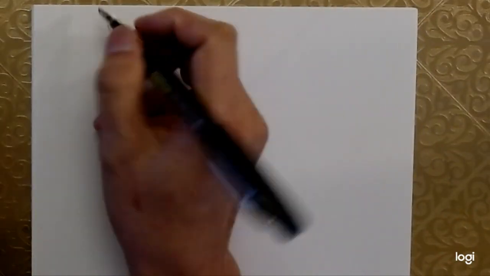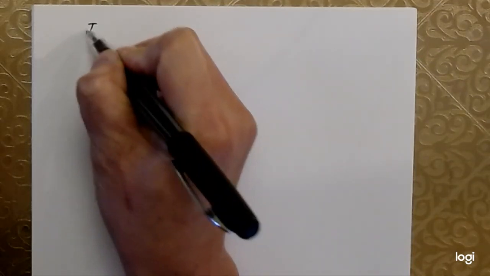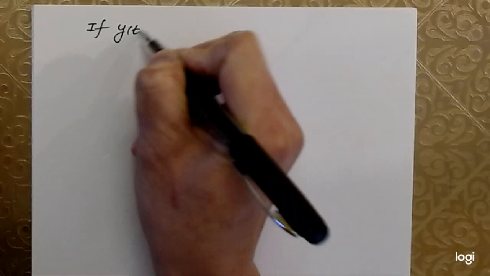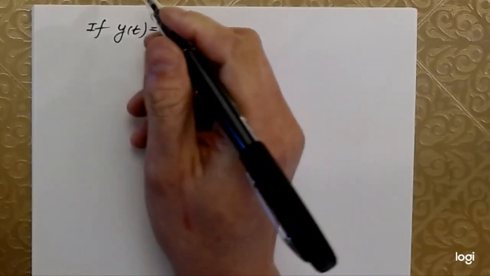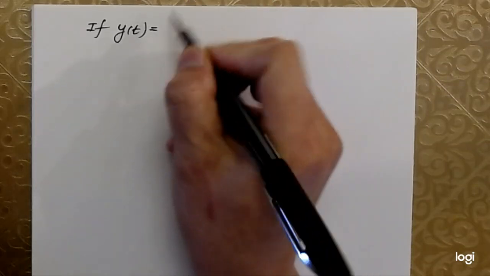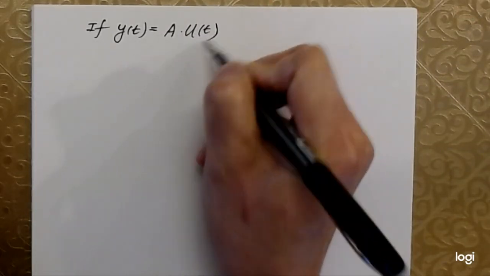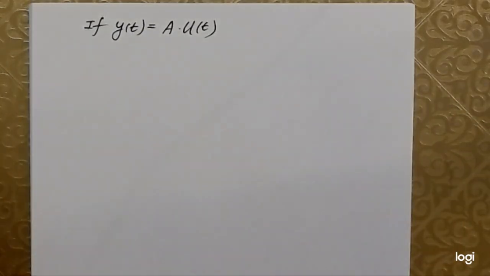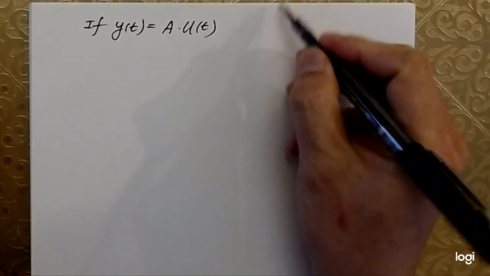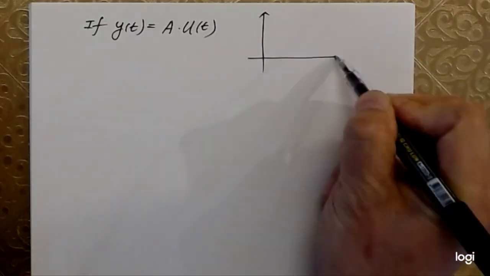So let's say step input, y of t equal A u of t, that's defined in graph t.